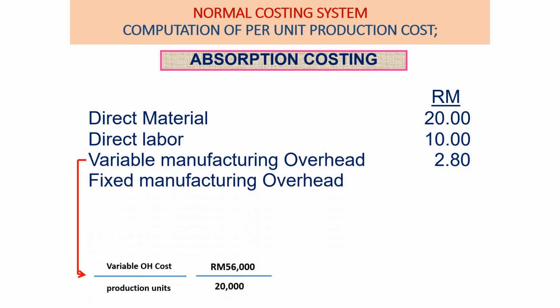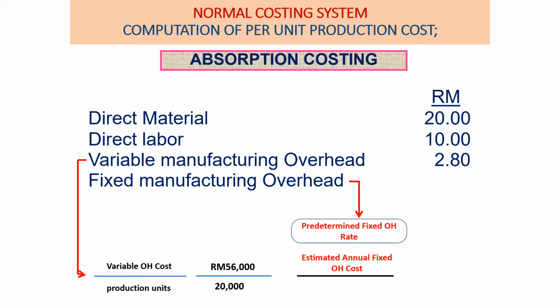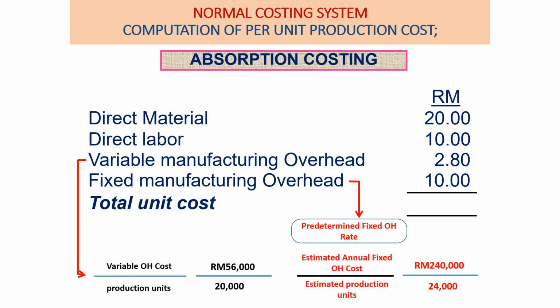Next is the fixed manufacturing overhead. For this question, you have to use the predetermined fixed overhead rate, where the estimated annual fixed overhead cost is divided by the estimated production units. So 240,000 ringgit divided by 24,000 units normal production, so you will get 10 ringgit, and the total product cost is 42 ringgit 80 cent.